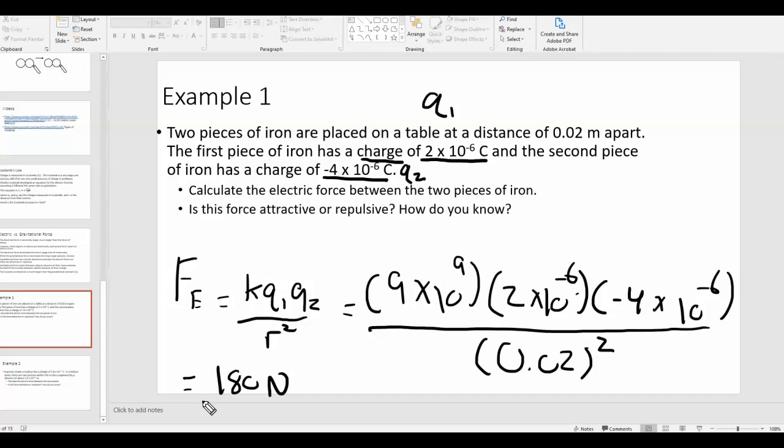Or I guess specifically it would be negative 180 newtons. Now, is this force attractive or repulsive, and how do you know? Well, one charge is positive, one charge is negative. That means this force is attractive, and we know that because we have one positive charge and one negative charge. Okay, so that is it for example 1. Pause there if you need to look at that some more.